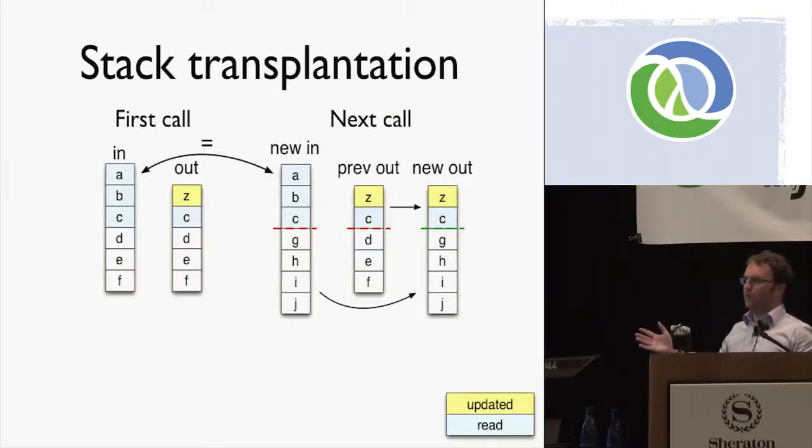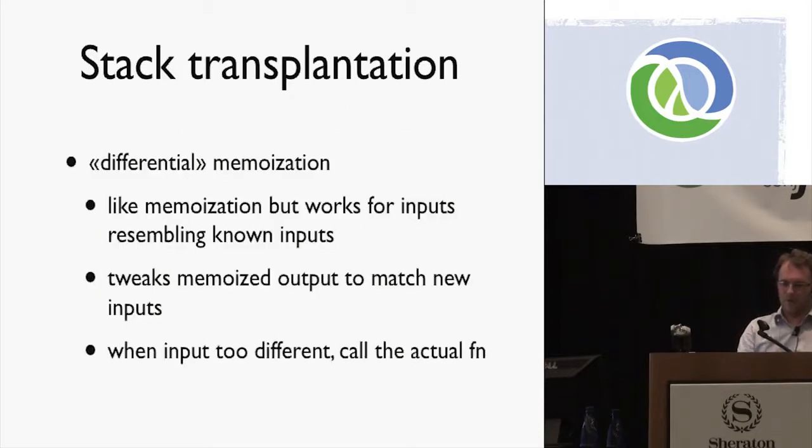But to do that, you need to have a kind of watermark during the first evaluation to know what is going to be useful. So it's kind of differential memoization. Usual memoization is going to only return a result if you pass in the exact same argument, while here I'm able to adapt past results to new inputs without recomputing the whole function.